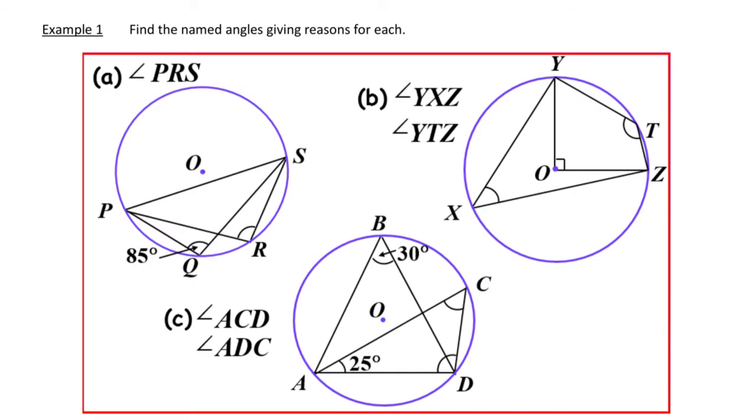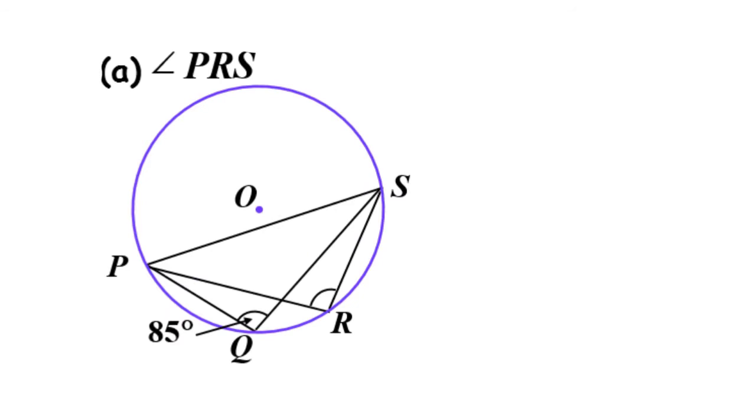So example 1, find the named angles giving reasons for each. Example A, find the angle PRS. So what we have in this case is that angle Q and R are going to be equal to each other.